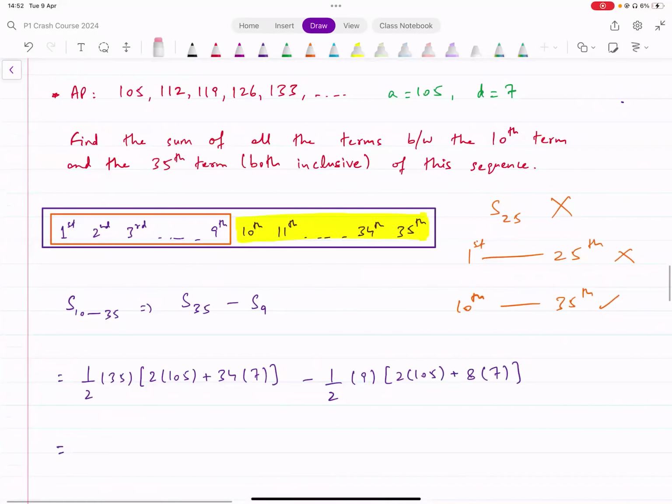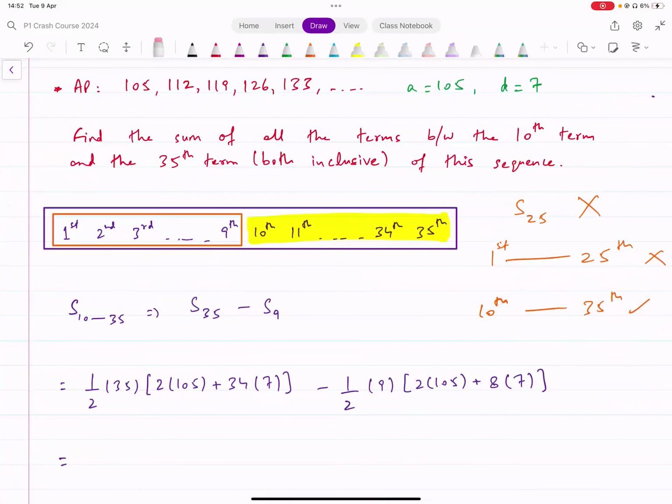Then we talked about how you can find sum of terms between two terms. For example, if you have a sequence like this, it's an AP with first term 105 and difference equal to 7. And what we were looking for was sum of all the terms starting from the 10th term to the 35th term. All right.